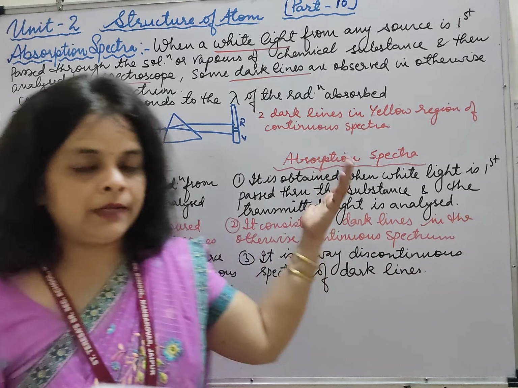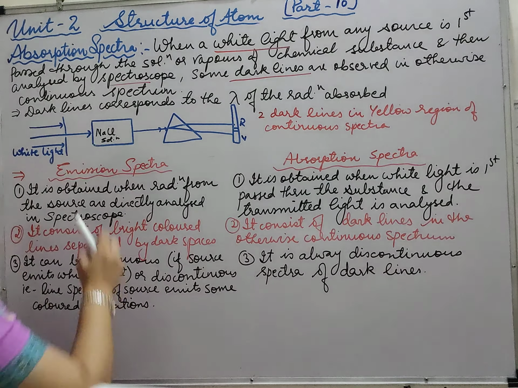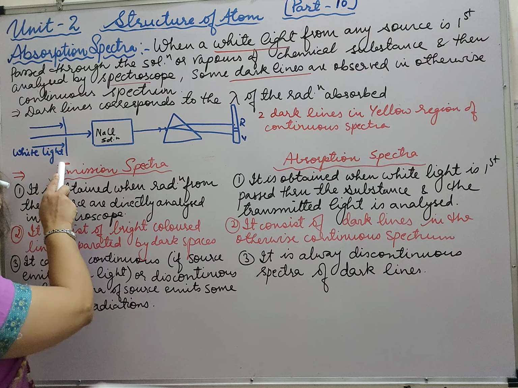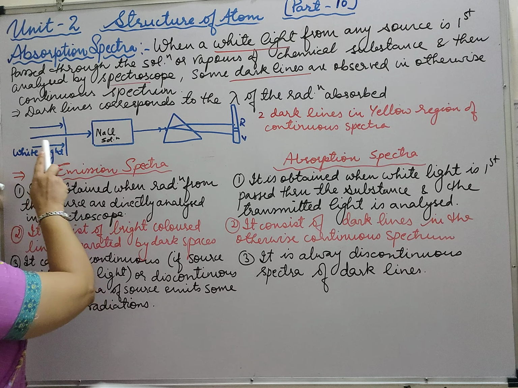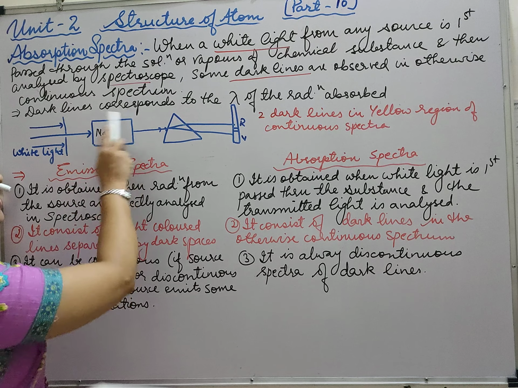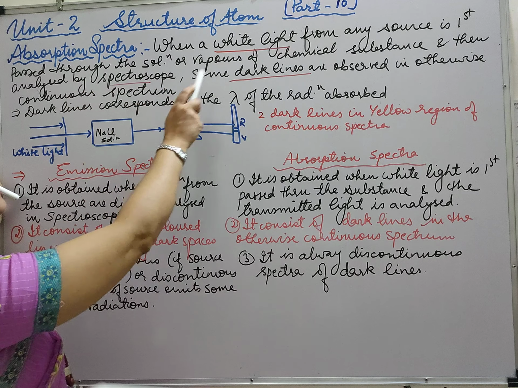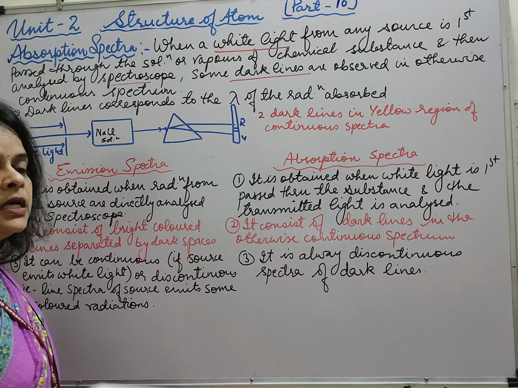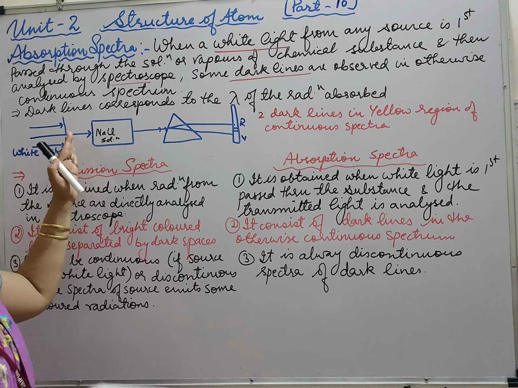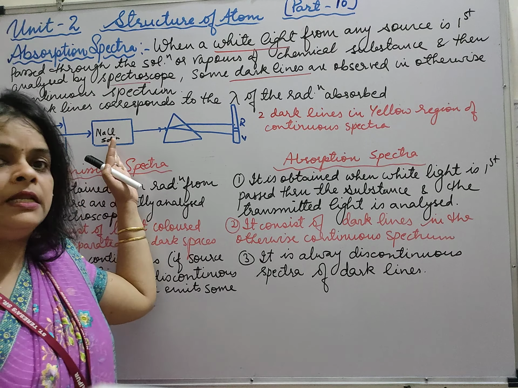See, diagram देखते हैं, diagram से clear हो जाएगा. White light है, this is a white light coming, a ray is allowed to pass through NaCl solution. हमने वहाँ क्या लिखा है? First pass through the solution or the vapors of the chemical substance. So first it is allowed to pass through the NaCl solution.